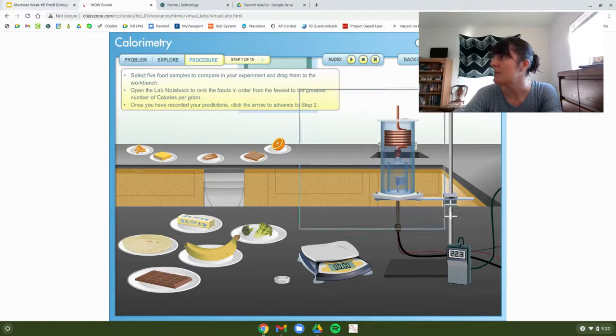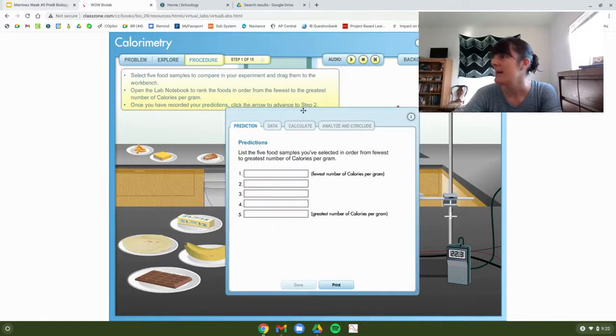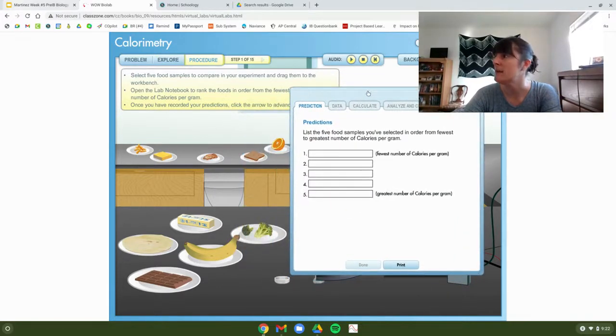So here's my lab notebook. I need to put them in the order I think they're going to be from fewest to greatest number of calories. I feel like I always hear broccoli is good for you. So I'll put it here. I can spell it correctly. We've got, I don't know, bananas maybe. Then what?